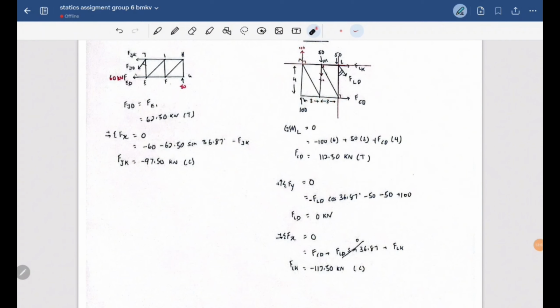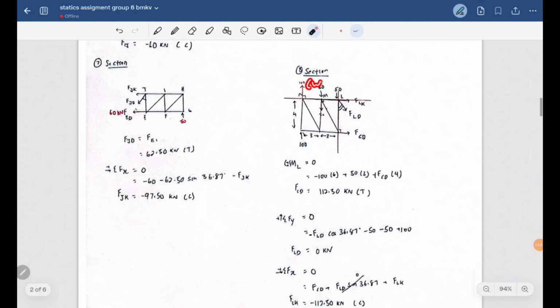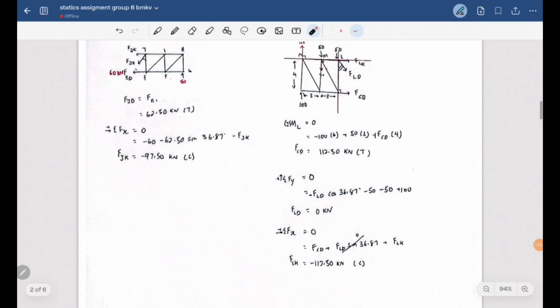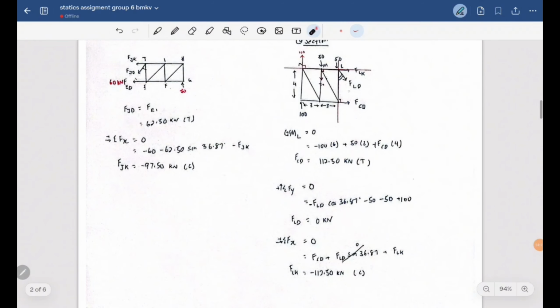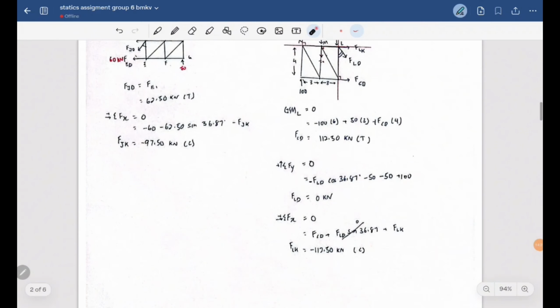We got 6, and it is a clockwise rotation. And we have 50 times 3. It is counterclockwise, which is positive. And FCD, which is counterclockwise, which is positive, times 4 here for the distance, and we will get FCD equal to 112.50 kN tension.